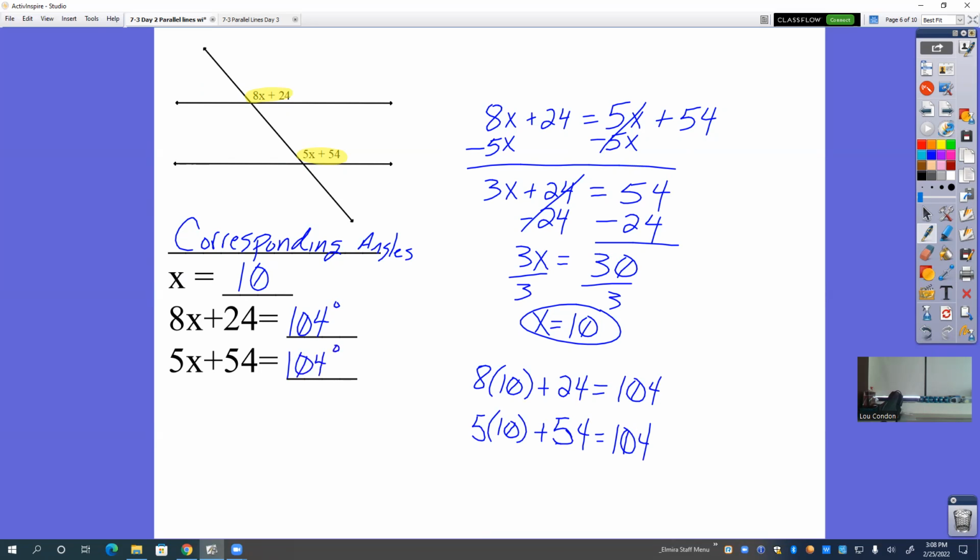So 104 equals 104, which they were supposed to be equal. So we know that our work is correct. Again, corresponding angles are when two angles are in the same position, but they're on opposite lines.